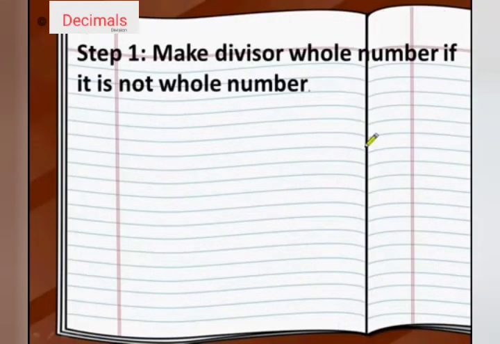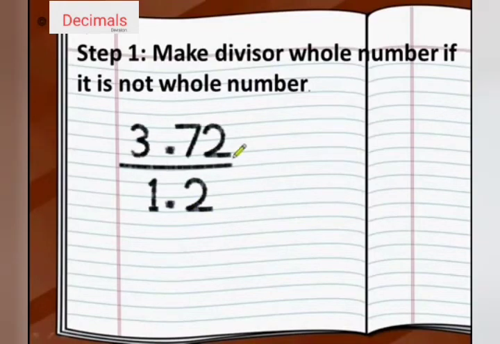Now just remember the 3 steps. Step 1, make the divisor a whole number if it is not a whole number, otherwise treat it as a whole number. So suppose we have an example here, we will make the divisor a whole number by counting the number of digits after the decimal. Since it is tenths only, we'll multiply the same number in the numerator and denominator both.